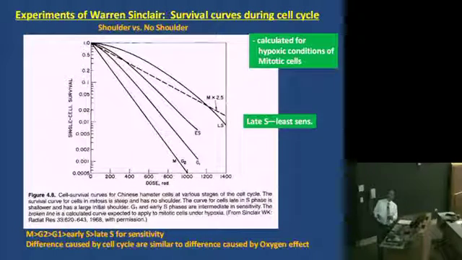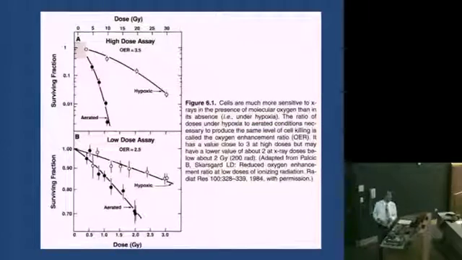So you need 2.5 to 3 times the radiation to kill the cells if the environment is hypoxic, which is pretty much the same as shown in these graphs, that the cells are very sensitive in an oxygenated environment as compared to a hypoxic environment. It is also dose dependent. At high dose rate, the oxygen enhancement ratio is 3.5 times, while at low dose rate it is 2.5 times.